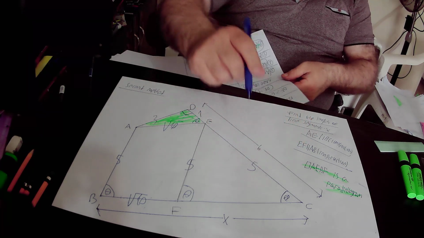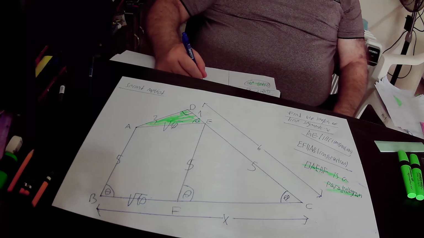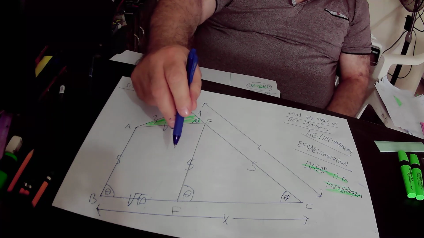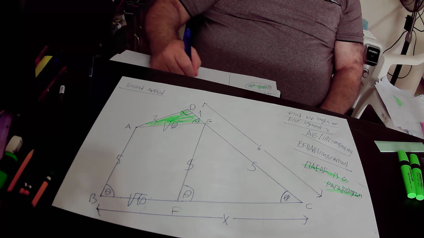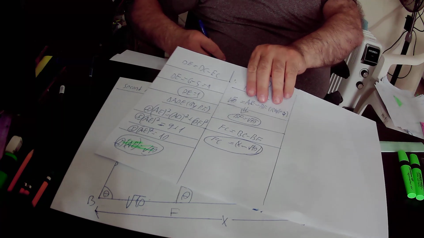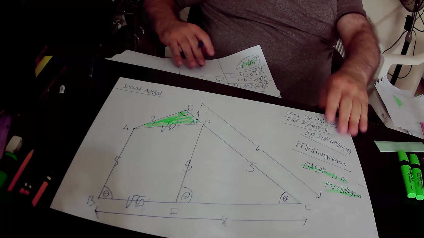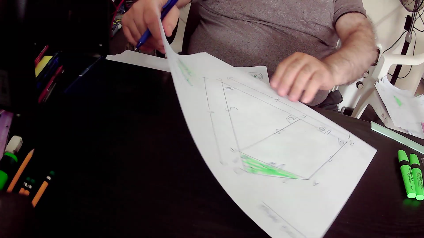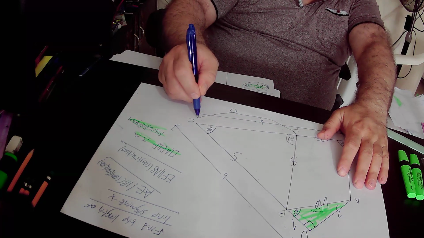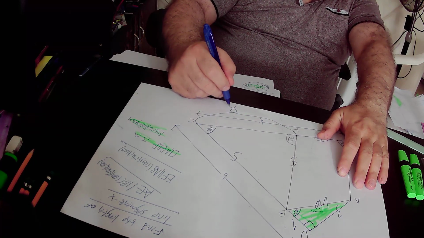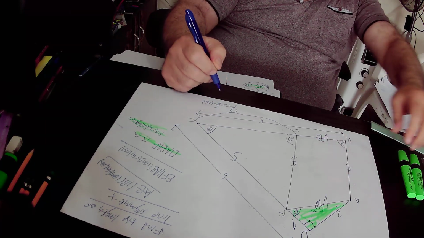BC equals X, according to what is given in the question, and we just found out that BF equals the square root of 10 units. So, in conclusion, FC equals X minus the square root of 10 units. Okay?